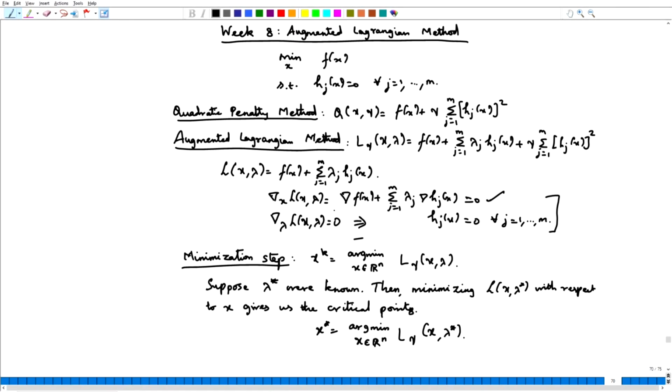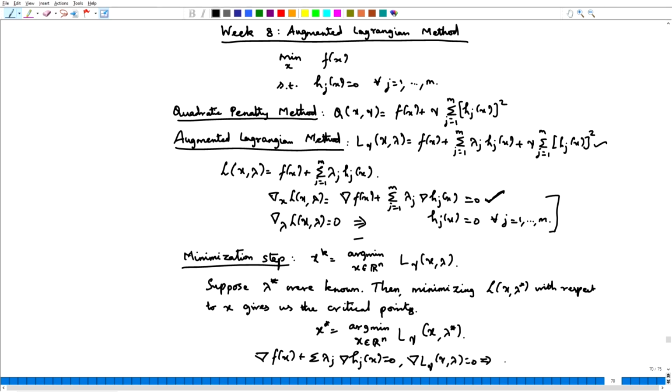Recall that from the analytical solution we have del f of x plus summation lambda j del h j of x equal to 0. And when you consider the augmented Lagrangian method, the equation is here. Now, what does this give us? Del L gamma of x, lambda equal to 0.